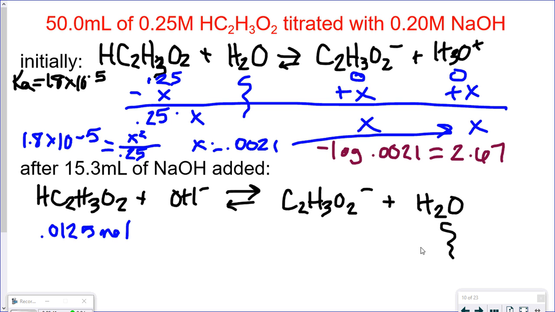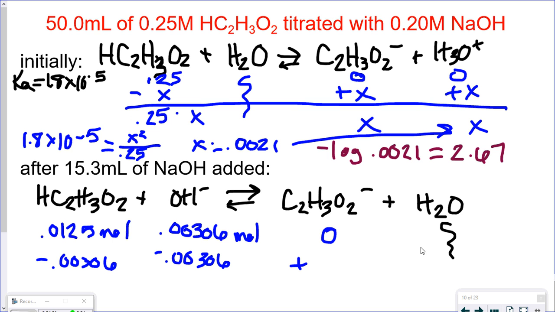So 0.2 molar base times 15.3 milliliters is equal to 0.00306 moles of our base. And remember, we had none of our conjugate base in the beginning. So we do have excess acid, so we are going to end up subtracting all of our base. It will end up neutralizing. But remember, that amount will add on our product side.